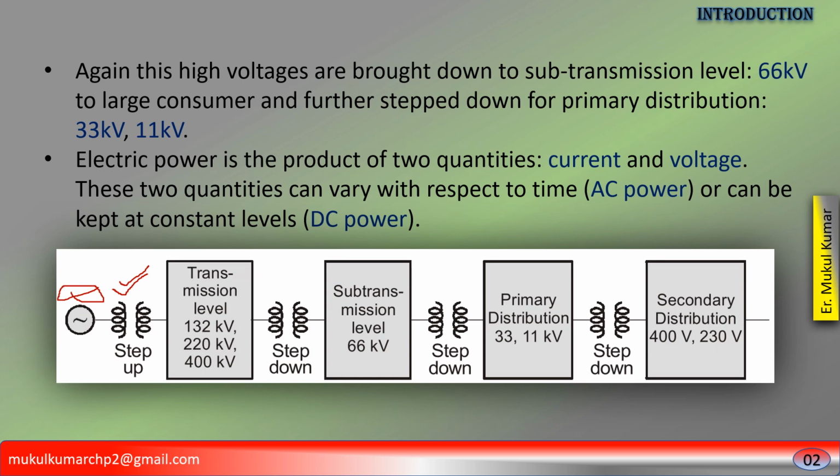After that, a step down transformer is used for large distribution to the customer, and again primary distribution and secondary distribution on their side.